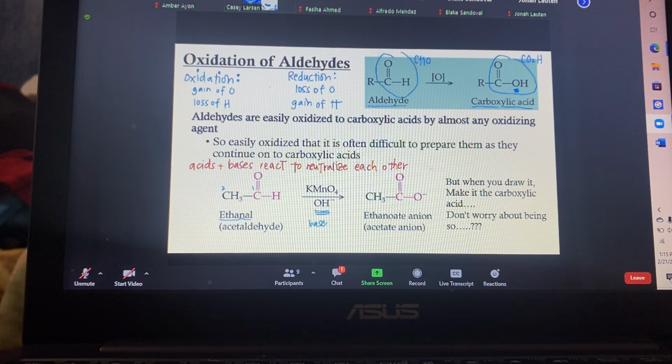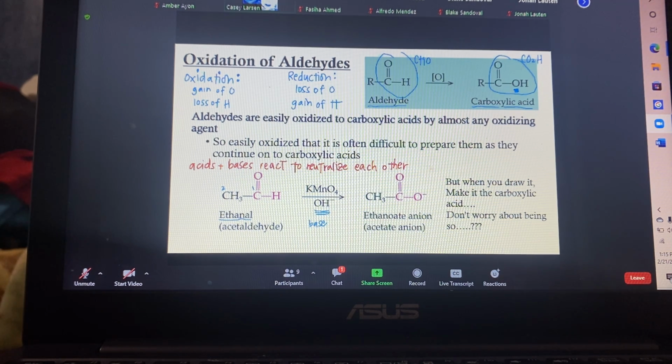The way that they want to be neutral is by making a salt. But you'll notice here, in the bottom right-hand part of the slide, I don't really care.